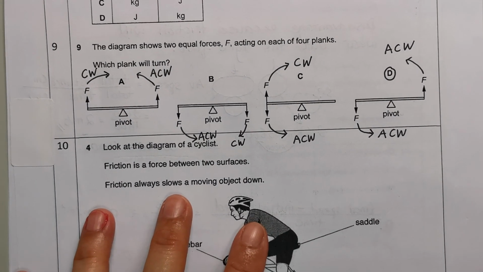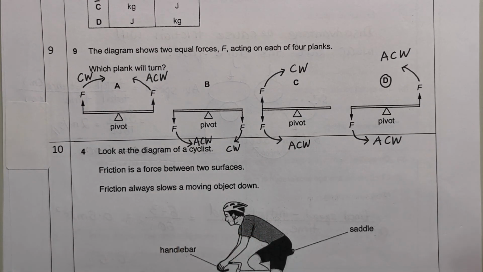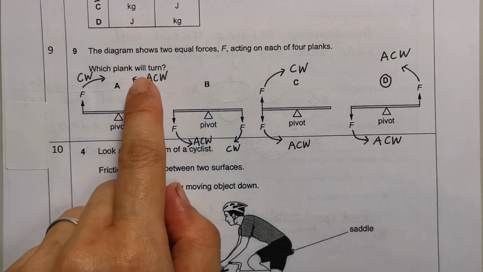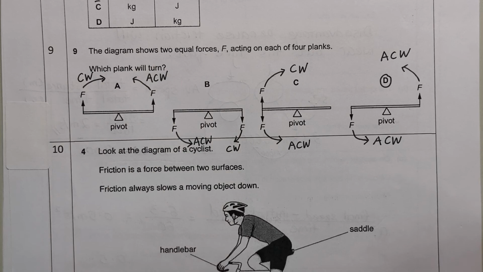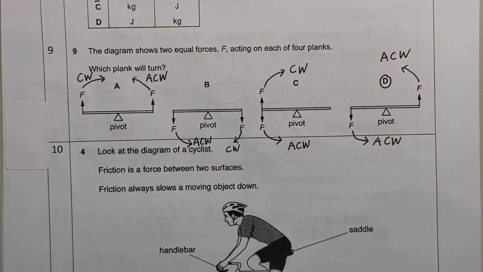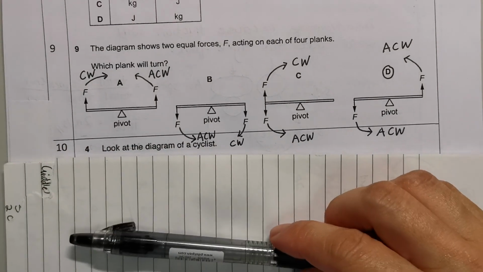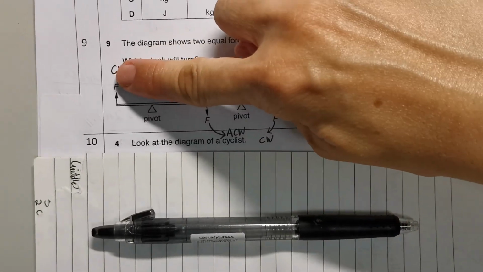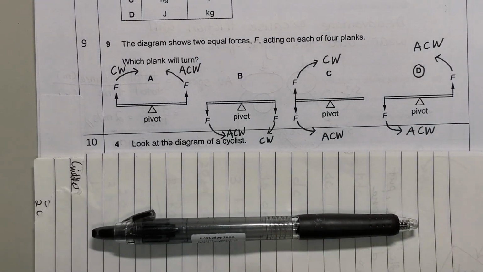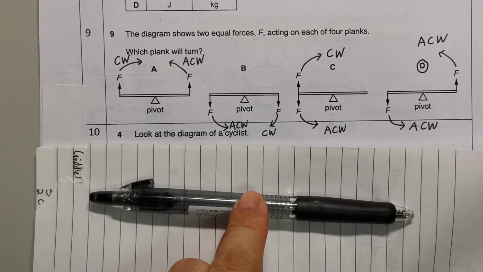Now for question 9. Question 9 says that there are two forces which will turn the plank. Let's pretend that this is the plank. If I have a pivot here, so I'm going to hold it.